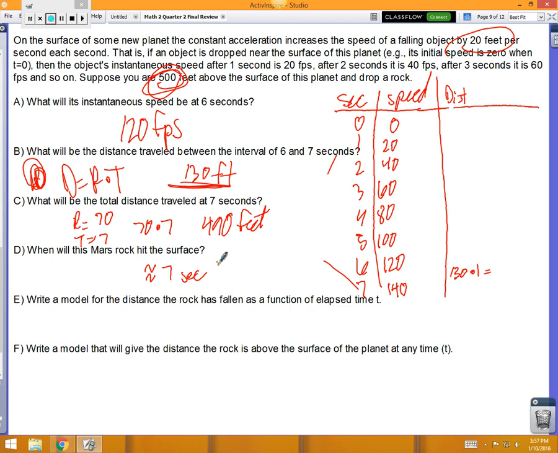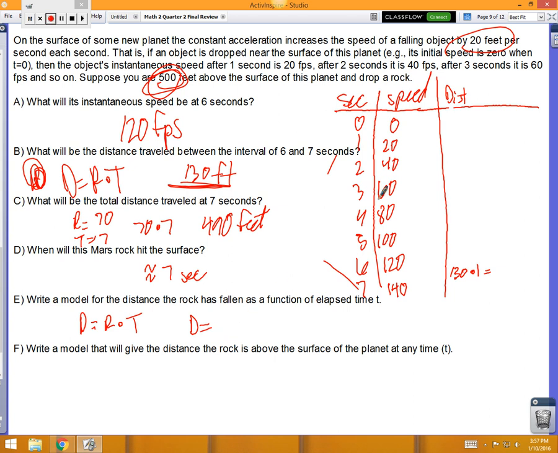E, write a model for the distance the rock has fallen as a function of time. Okay, so distance equals rate times time. So the distance this rock is going to travel is going to be the rate.